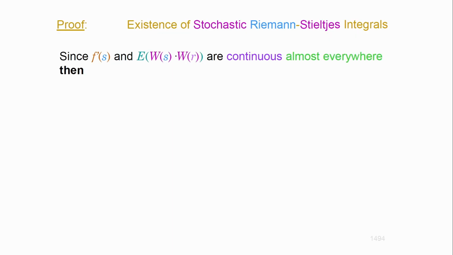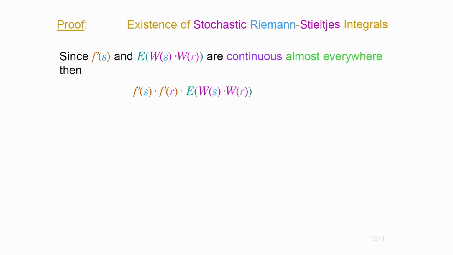This means that the derivative times the autocovariance of the Wiener process is Riemann integrable. Simple as that. And that is also going to be true if you multiply it by itself for another argument.